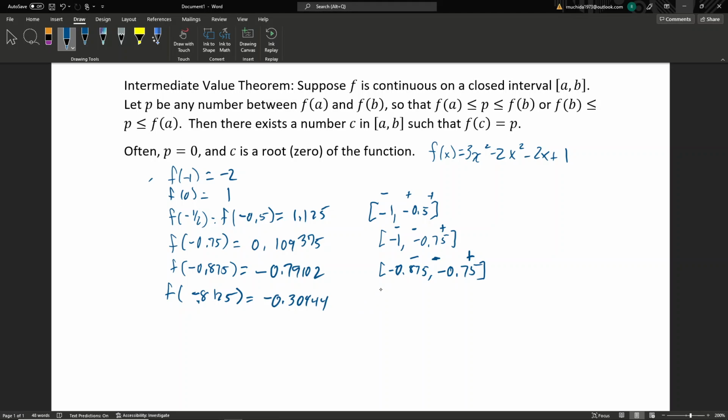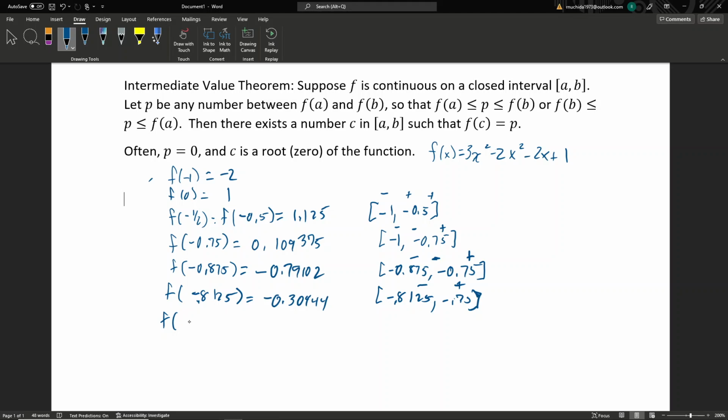So that must mean it's now between negative 0.8125 and negative 0.75. So we find the value halfway in between those two. I'm going to just do this a couple more times. I'm not going to do this forever, because you can't just keep going on and on.